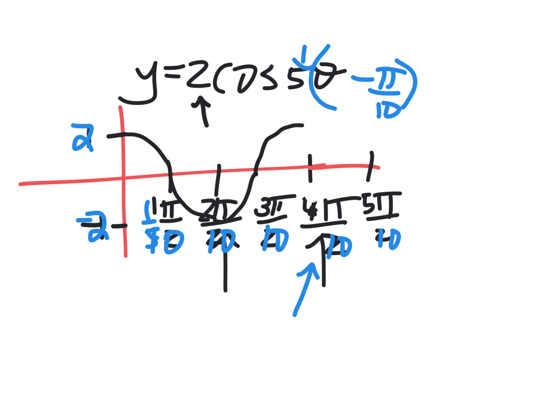Okay, technique. I think the best way to do this is to draw an arrow for each of the 5 major dots. There's a dot here, here, here, here, and here. And I would draw an arrow in and say, okay, I'm now going to move this to the right. How far is pi over 10? That's how far pi over 10 is, 1 mark. So I'm going to make a little arrow to the right 1 mark on all of them.